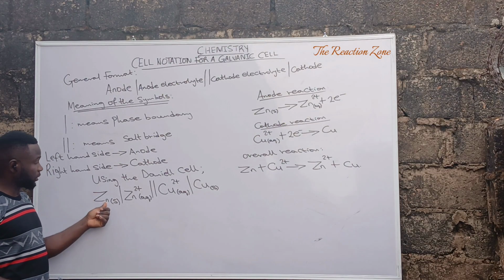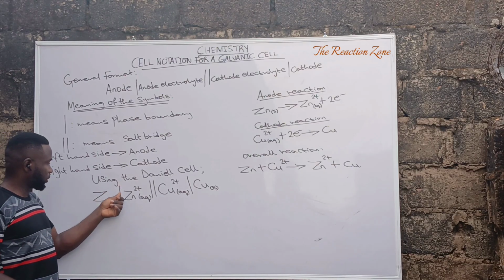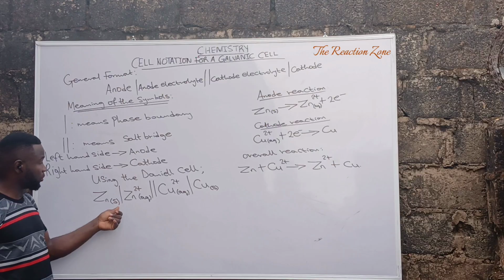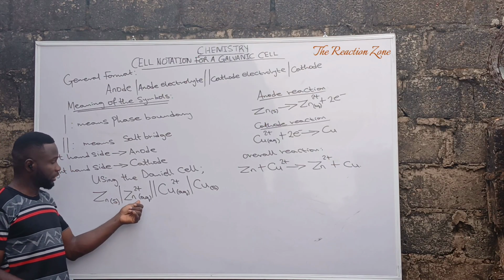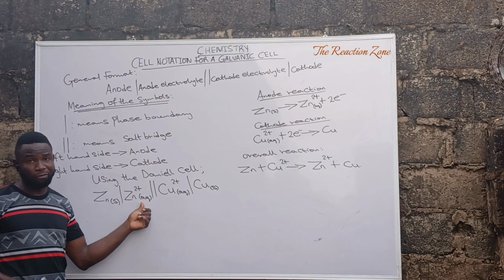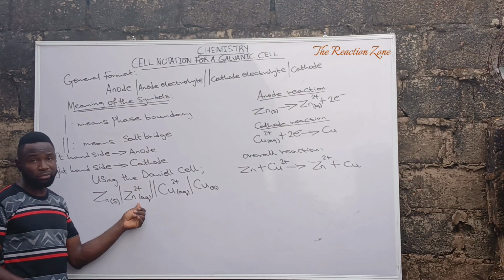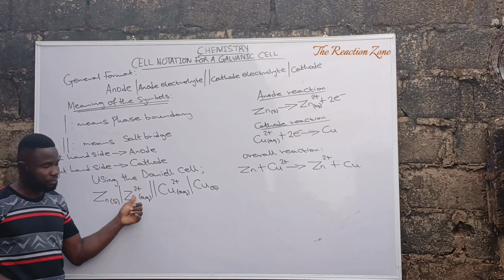So, taking it one more time, zinc here represents the zinc electrode or the zinc rod. This single vertical line here represents the phase boundary between zinc and the electrolyte of the anode, which is ZnSO4. And that electrolyte is represented by Zn2+, because ZnSO4 contains zinc ions.